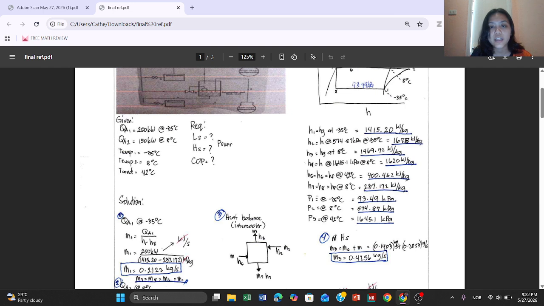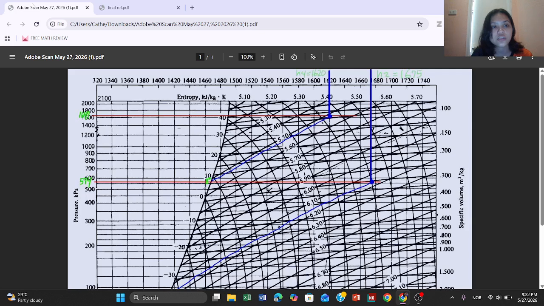Next is the value of H4. The same as H2, we will be getting the value of enthalpy at this point using the superheated or the pH chart, at 1645.1 kPa at 8 degrees Celsius.